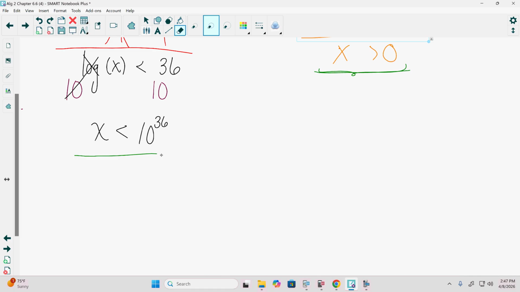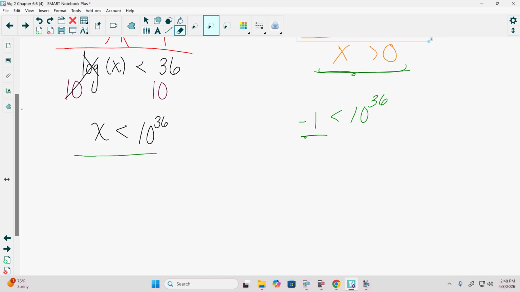So give me a value that would not be greater than 0. Yep, negative 1. So then I can check and see, is negative 1 less than 10 to the 36th power? Well, yes. And what that's telling me is if I leave this statement as it is, I do have all the solutions that work, but then I also have all of these solutions that don't work, because I can't have negative 1.